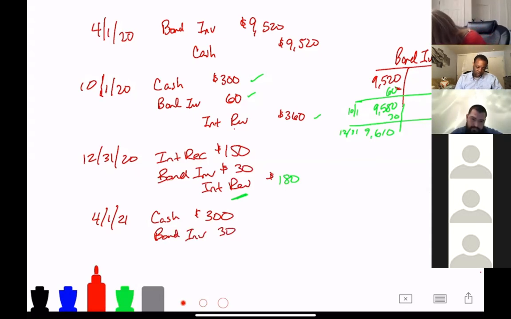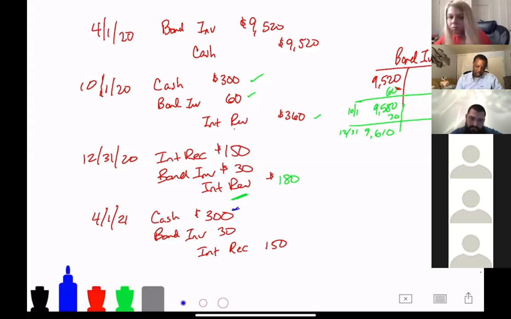We're going to credit our interest receivable by $150, right? Because part of this $300 is what they owed us for that. And then we're going to credit interest revenue for 180.